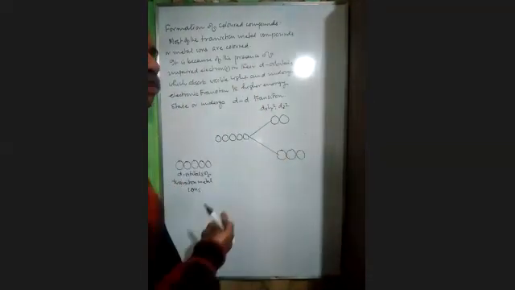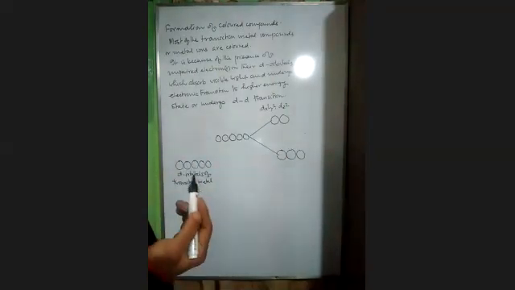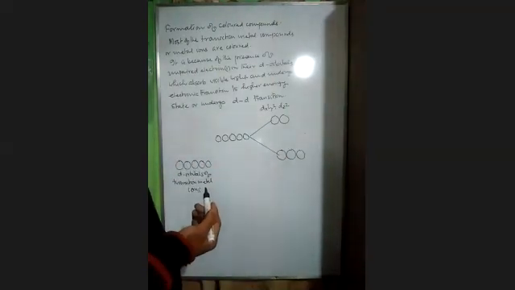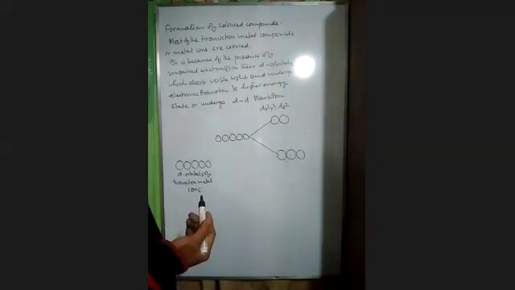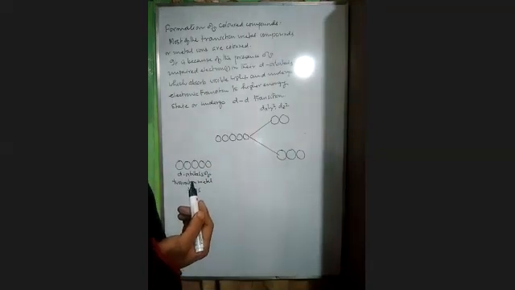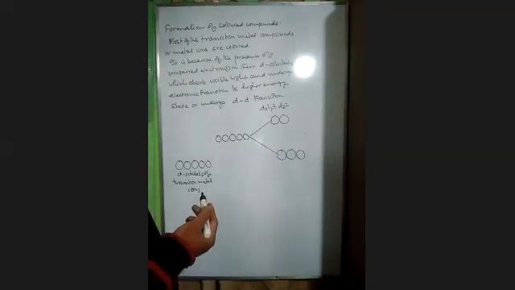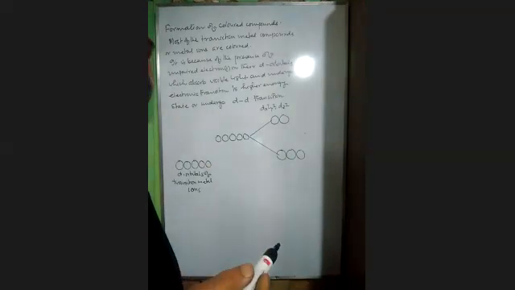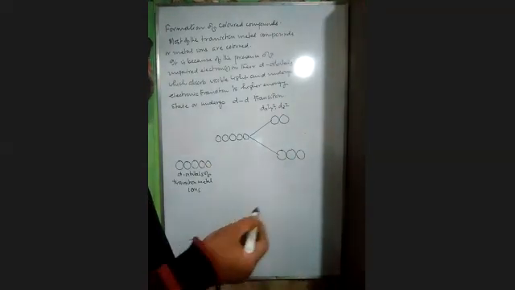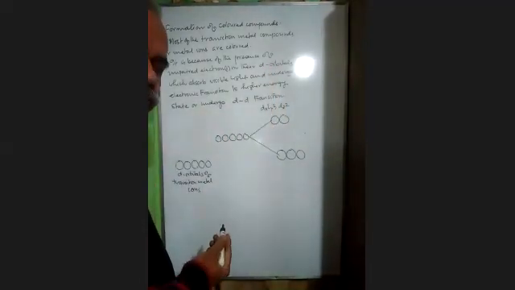And the other three of them do not face any repulsion, so their energy is lowered. Suppose I'm talking to a person, suddenly I feel that he may hit me. So is it not that I immediately push back? I do not go and embrace him. So similarly, when dx square minus y square find the anions approaching towards them with the electron, they suffer a repulsion and it goes down.